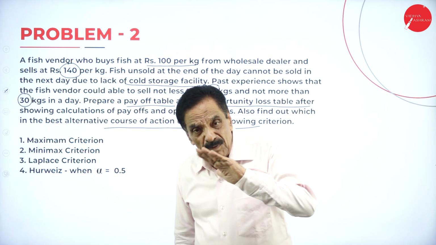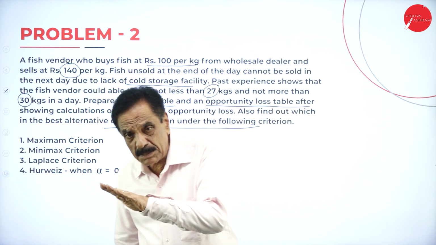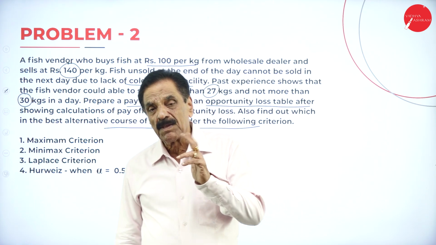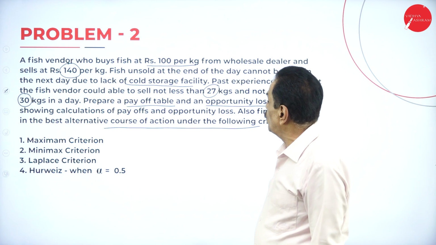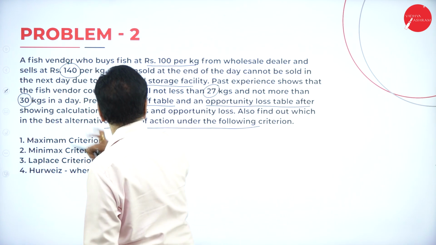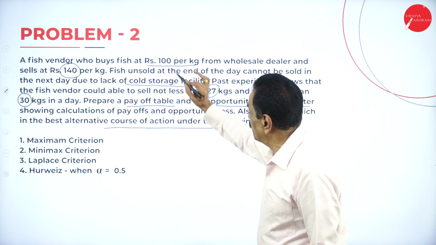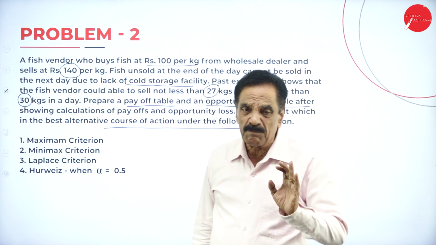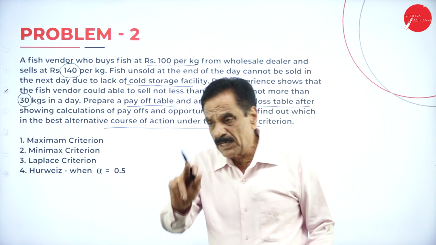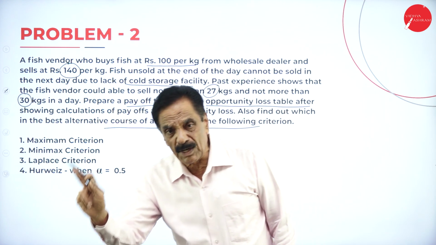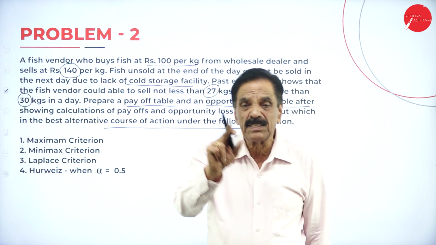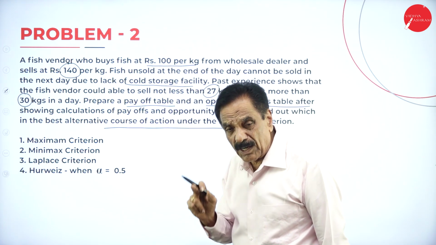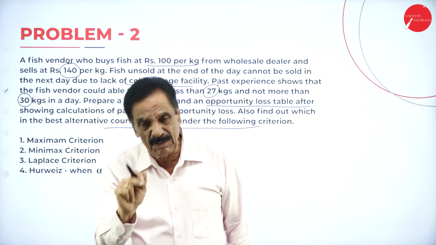First, number of units sold into selling price per unit minus number of units bought or purchased multiplied by purchase price. So how many units sold now? 27 kg at ₹140 minus 100. For the first four states, 27 into 140 each, and in the purchase price, 27 into 100 each. When you go to 28, it is 28 into 140, and 28 into 100.